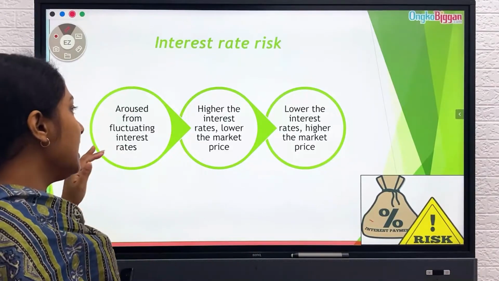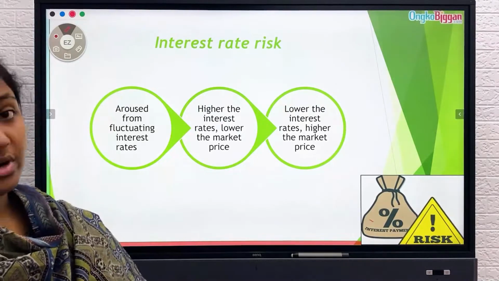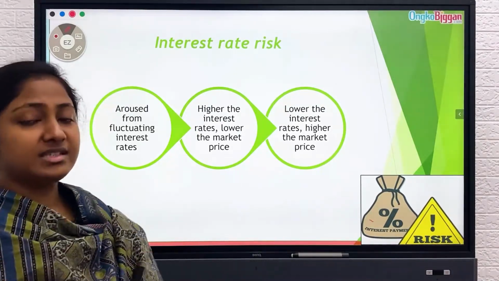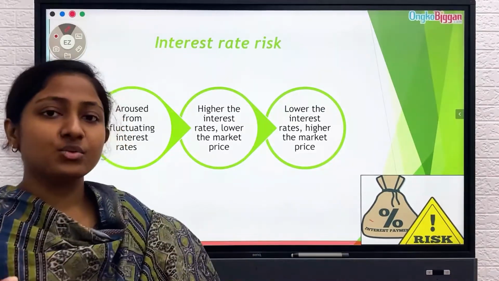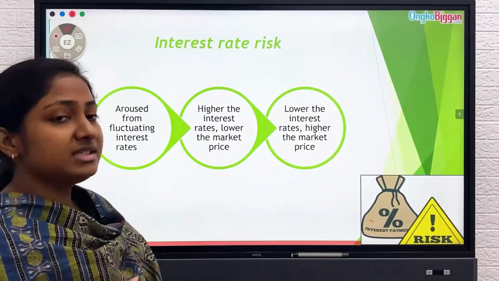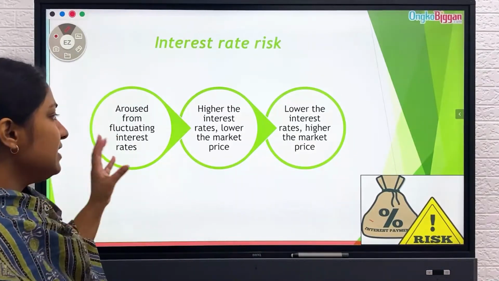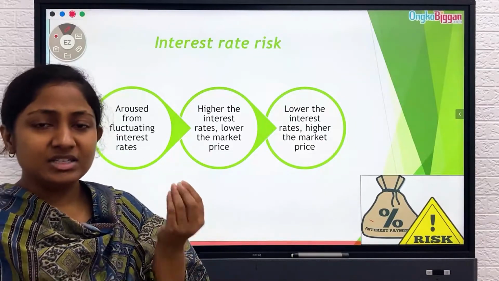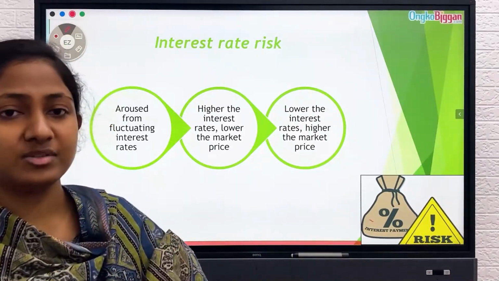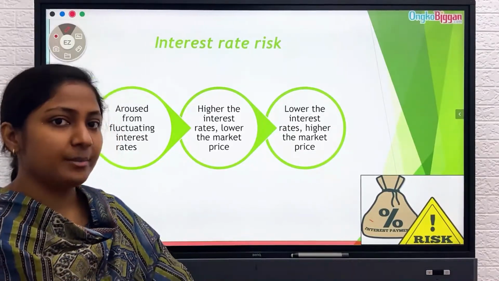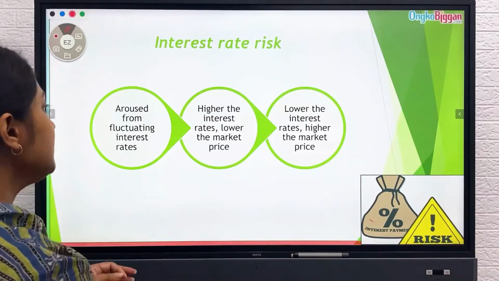If interest rate is high, then the market price will be lower, and if interest rate decreases, then the market price will be higher. Market price means the value of your investment. So mainly if the interest rate decreases and the value of the investment that you already invested in the company changes, that basically shows you the interest rate risk.